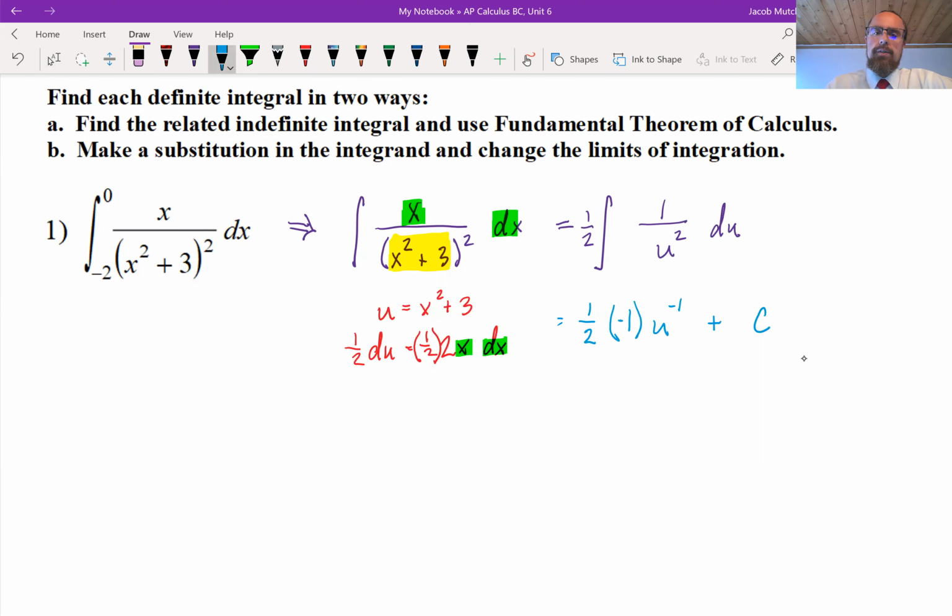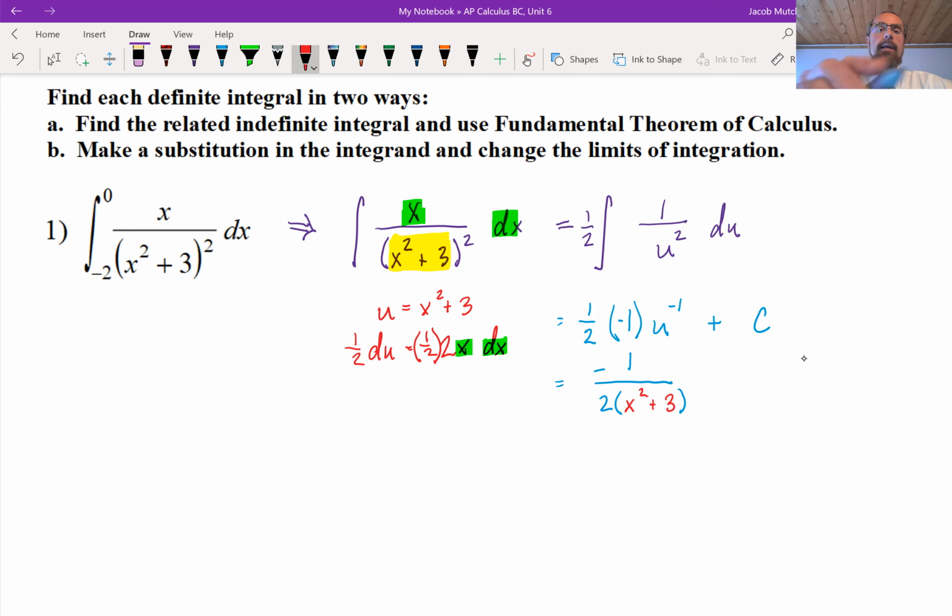So what I want to do now is substitute back in my value for u. So this is going to become -1 over 2, and then I'll put u down here in the denominator. I'm substituting back in x squared plus 3. That's how I defined u.